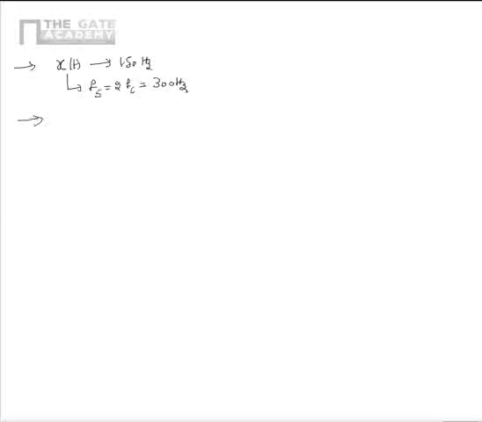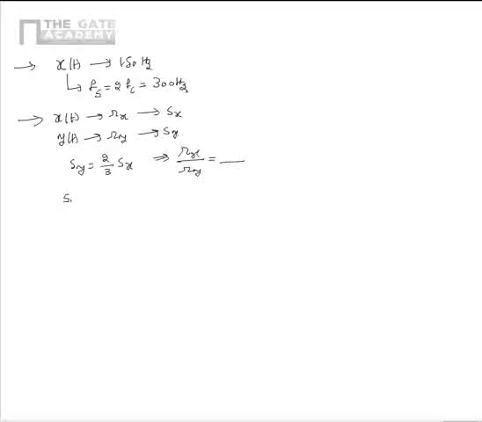Now let us consider another problem, as per which it is given that there is a signal x(t) which has a bandwidth of ω_x. There is another signal y(t) which has a bandwidth of ω_y. It's given that the sampling frequencies of x(t) and y(t) are S_x and S_y. If S_y is equal to 2/3 S_x, we need to find ω_x divided by ω_y.